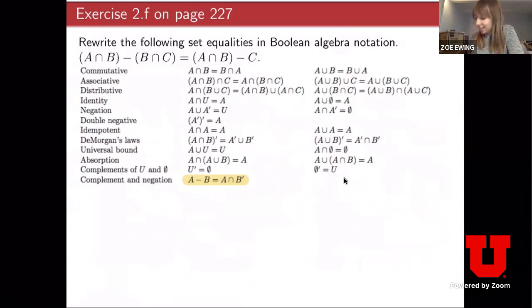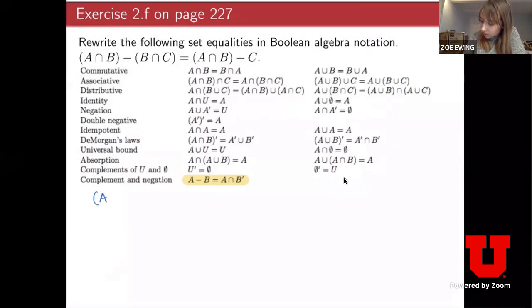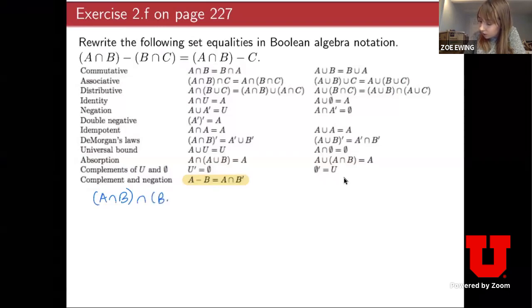All right, let's go through. So we can keep the first term the same, A intersect B, but instead of writing subtract, we're just going to go intersect with B intersect C complement. And we're going to do the same thing on this side. Instead of subtract, we put intersect with C complement. Right, now this is in a form that we can translate to Boolean algebra pretty simply.